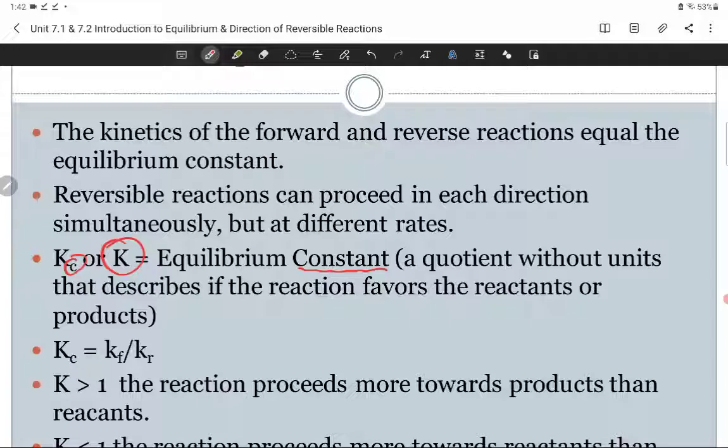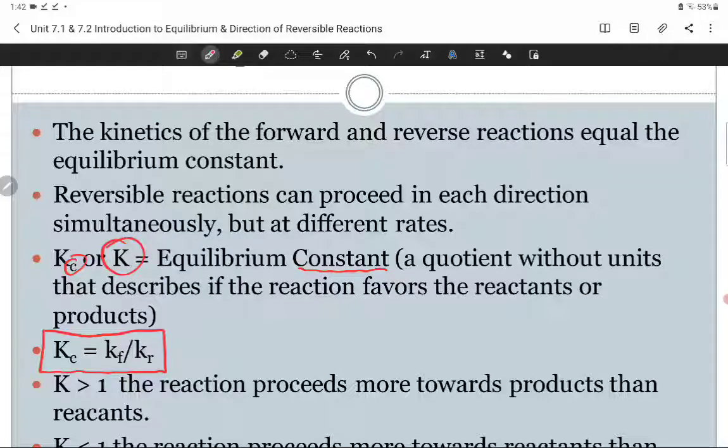There is a relationship between Kp, which deals with pressures, and Kc, which deals with concentrations. So we will visit that. I don't think we're going to do that today, but in another section. If you wanted to go between kinetics and equilibrium, that's what you'd have to do.